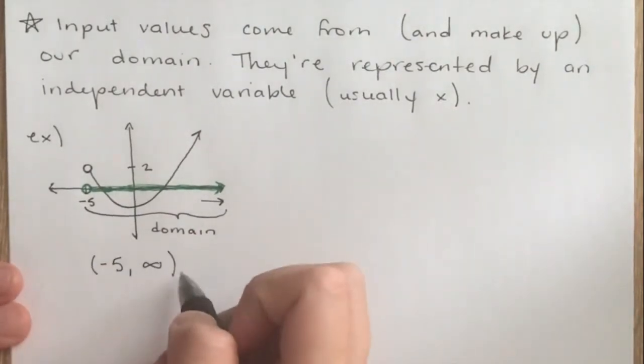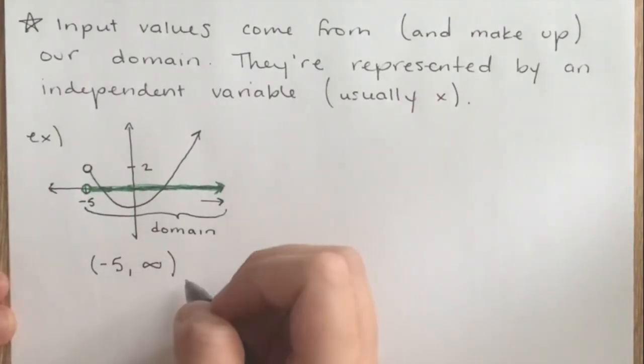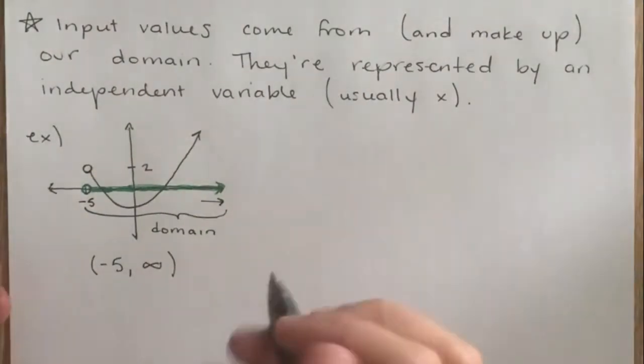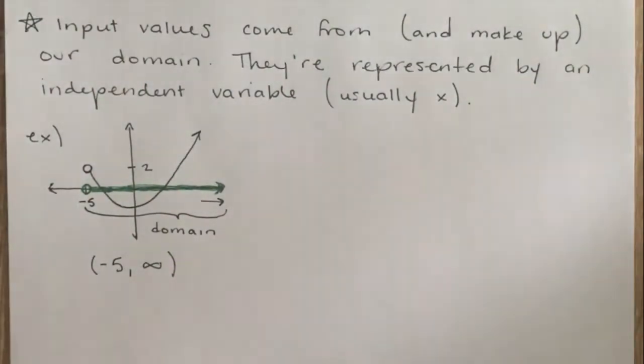If you don't feel super comfortable with interval notation, I would recommend checking out the just-in-time WebAssign assignment called Just-in-Time Interval Notation. It's a really helpful refresher. We're going to keep using interval notation really heavily all semester, so definitely good to get a handle on it earlier rather than later.